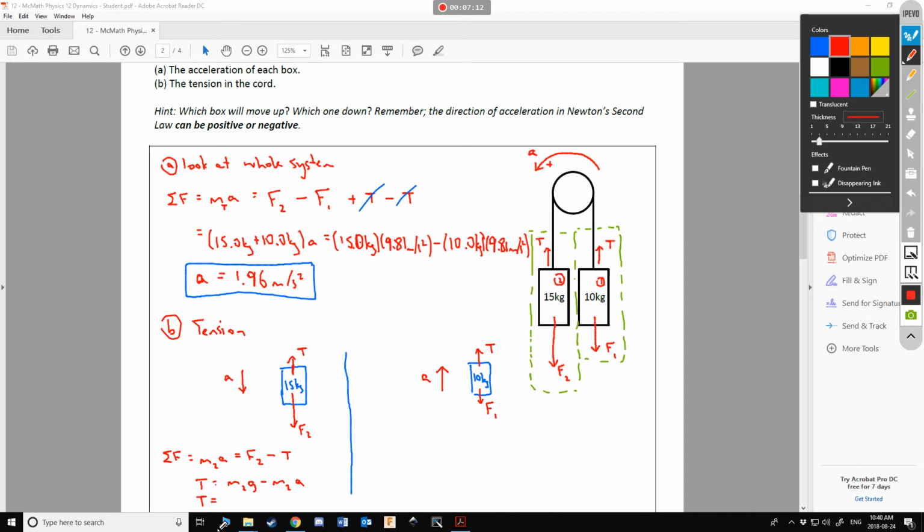So we get a mass 2 of 15 kilograms, times 9.81 meters per second squared, subtracting the acceleration 1.96, all multiplied by 15. We get 118 newtons of force in the rope.